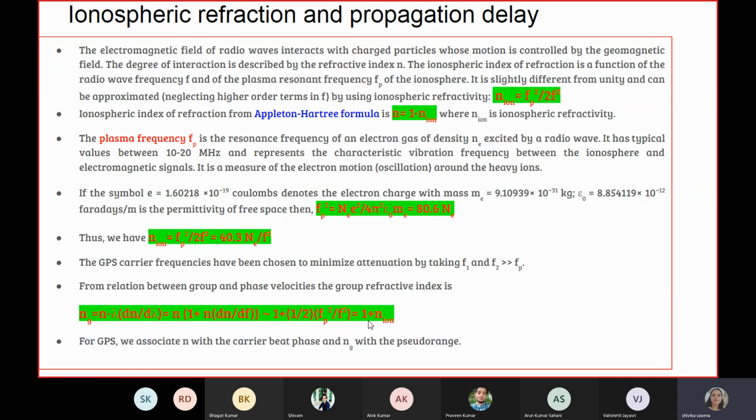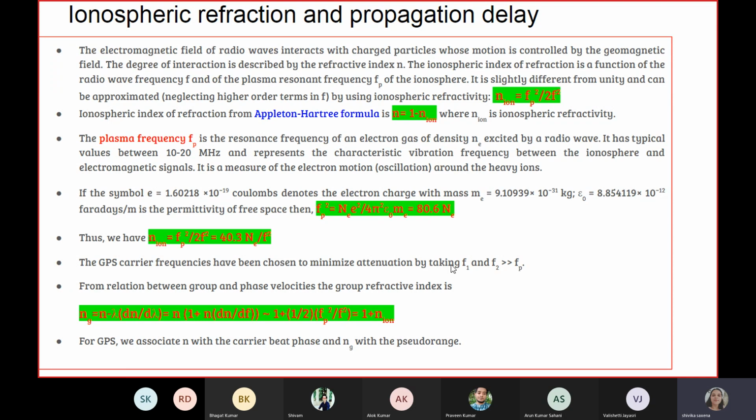We will arrive at the equation: group refractive index is equal to 1 plus n ion. So you understand, for phase small n is equal to 1 minus n ion, and for group it is 1 plus n ion. Here you can take the essence of how group and phase propagation are different from each other. This is only the picture of refractive index.